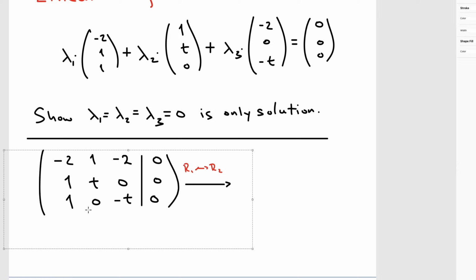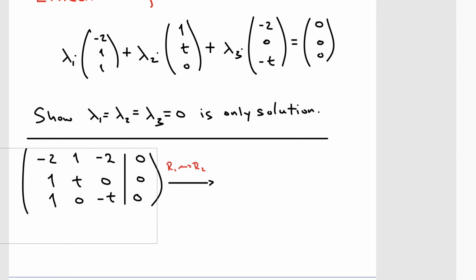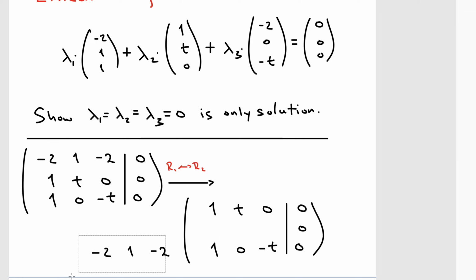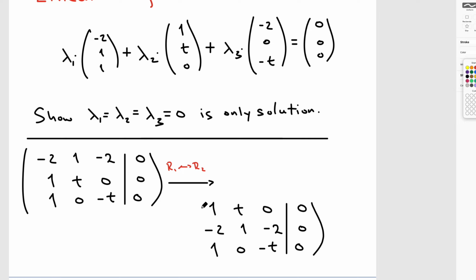So first of all, I want to duplicate this, and that means we're swapping between R1 and R2. I'm also swapping the zeros, but if we swap the zeros, we get the same thing. Some people don't bother to write the zeros over here. I like to write them, but you don't really have to write them if you're aware that they're technically over on the right-hand side.